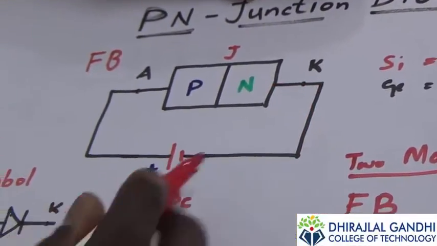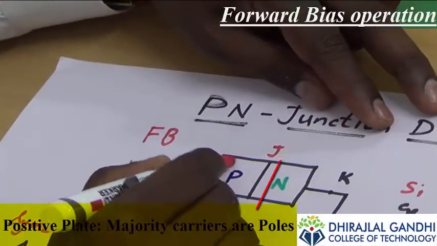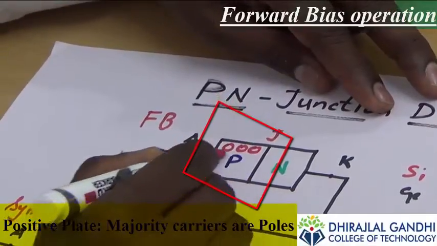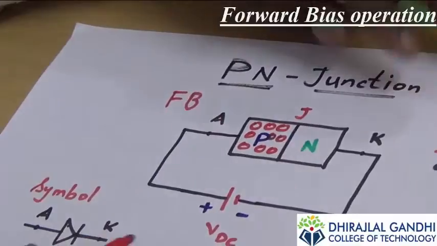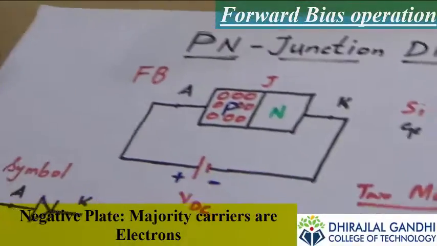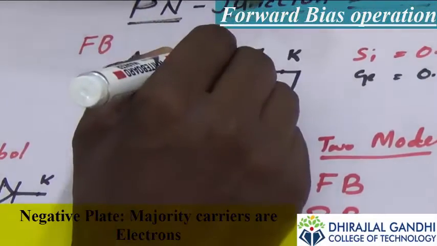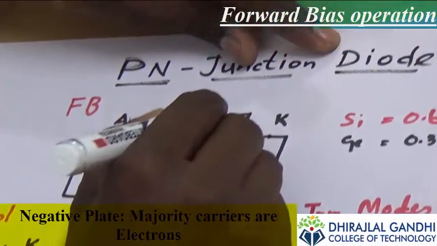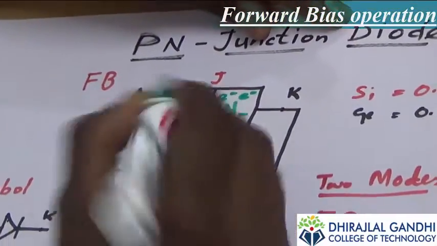PN junction diode. In the positive plate, the majority carriers are holes, which means positively charged, and the negative terminal is directly connected with the negative plate. In the negative plate, the majority carriers are electrons, which means negatively charged particles.